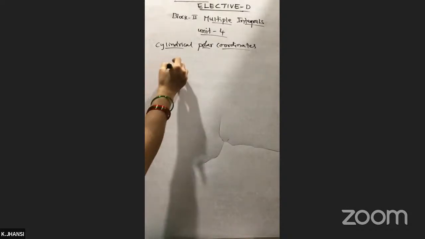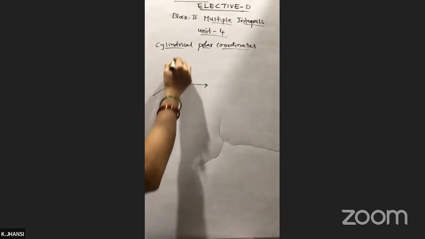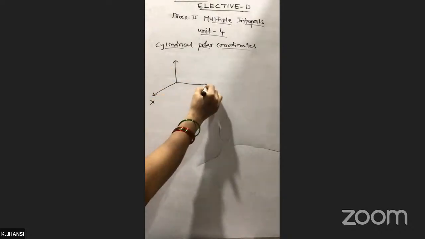Cylindrical polar coordinates means a three-dimensional system will be there. This is x, y, and this is z we have.